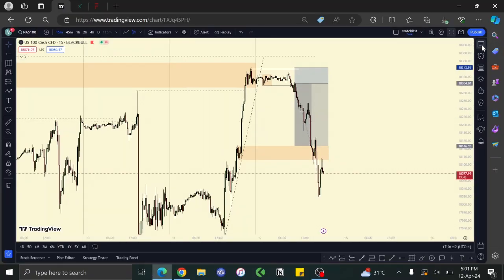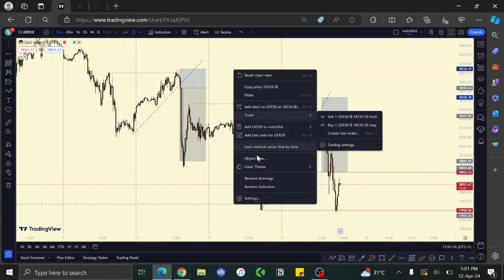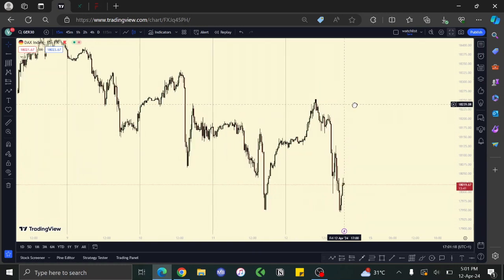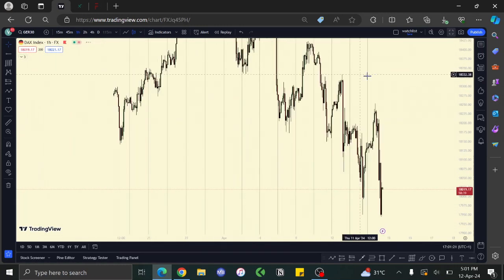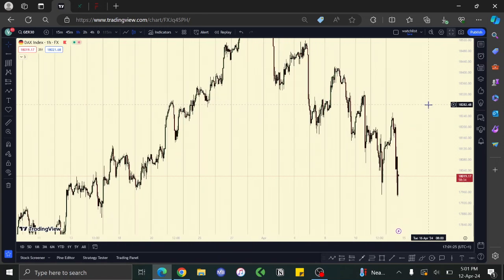All right, so on German 30, still the same thing. On German 30, let me clear my chart. German 30 on the hourly time frame, as you can see, this bearish order flow.